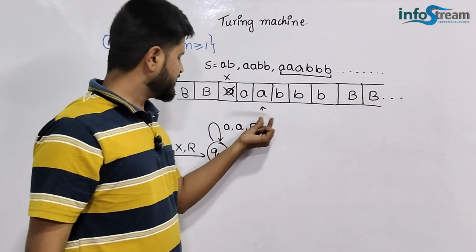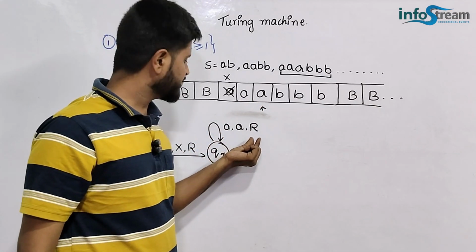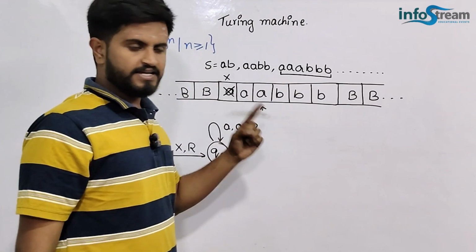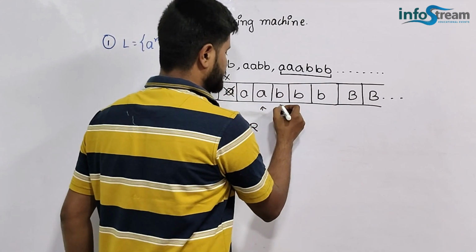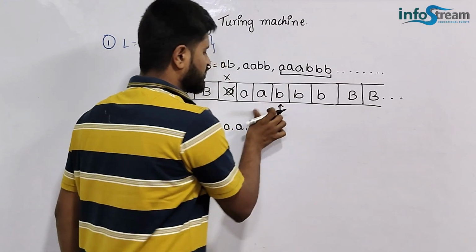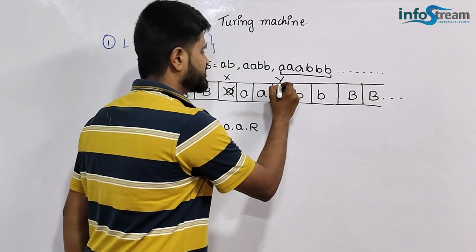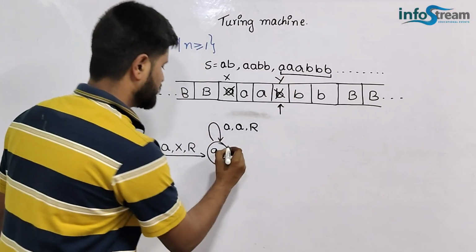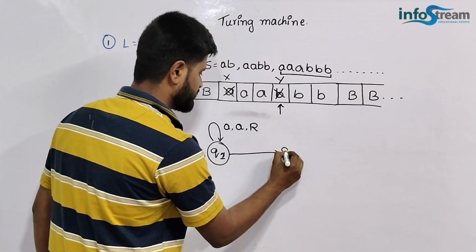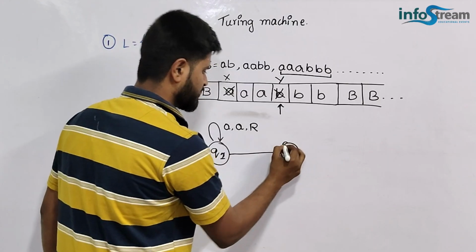Again I encountered A, so I keep it as it is and move right until I get B. Now if you see, I got B. When I get B, I strike it out and replace it with Y. So I am moving to the next step.